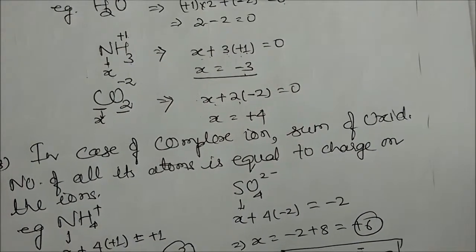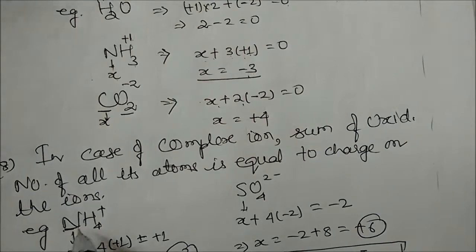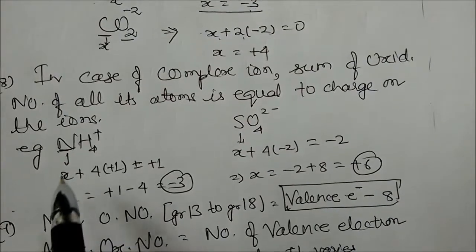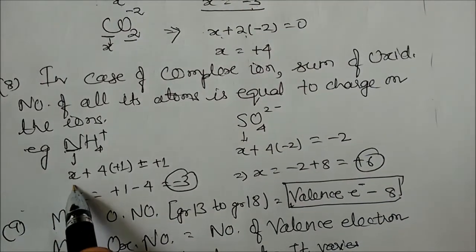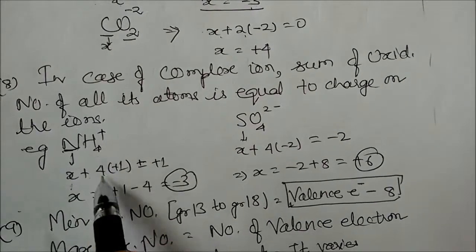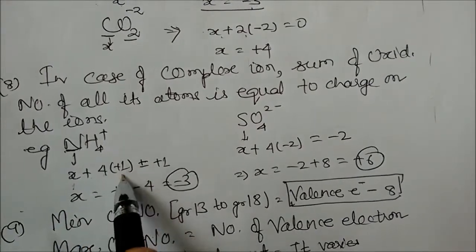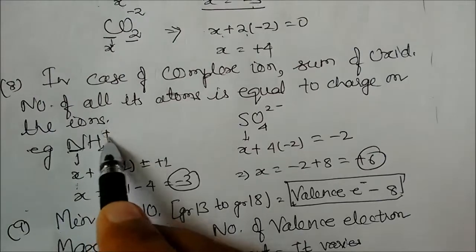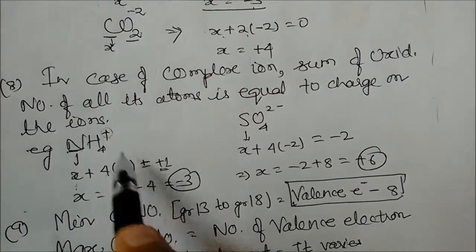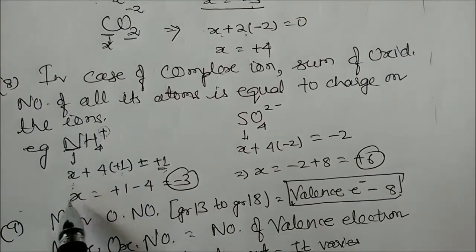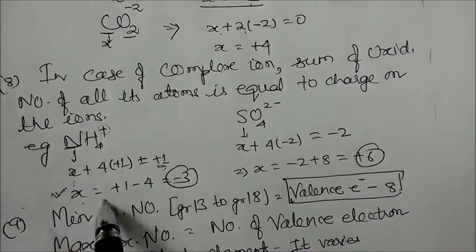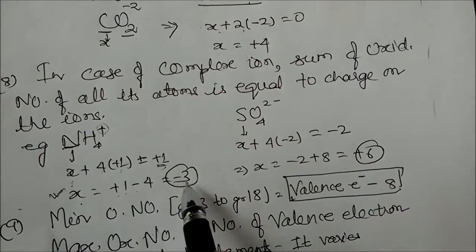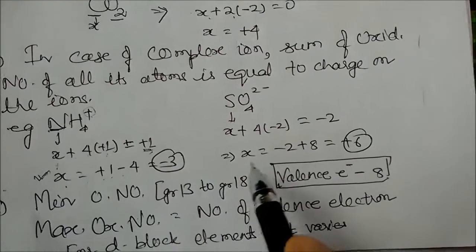Here we don't know the oxidation state of nitrogen. So take x plus 4 hydrogens, each hydrogen +1, and total charge is equal to +1. So this charge is put here. Just solve this equation. After solving, x plus 4 equal to +1, so x equal to -3. So oxidation state of nitrogen is -3.